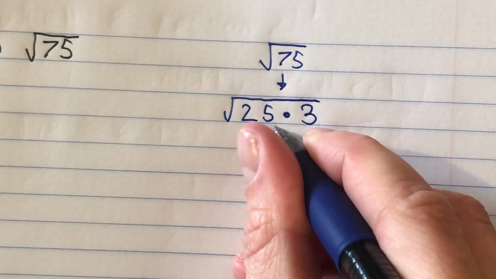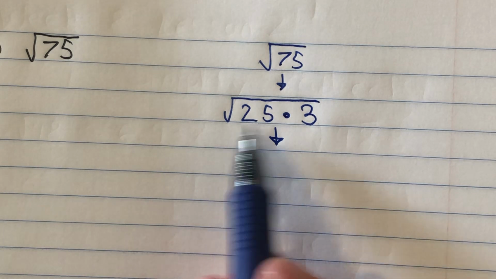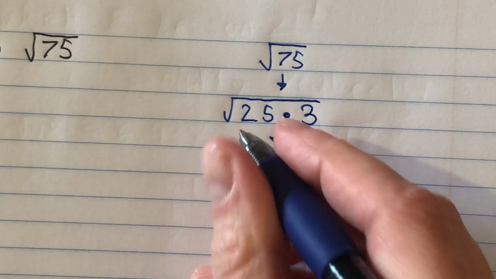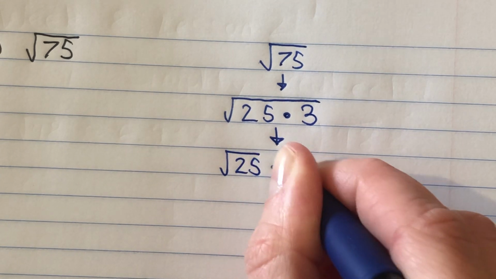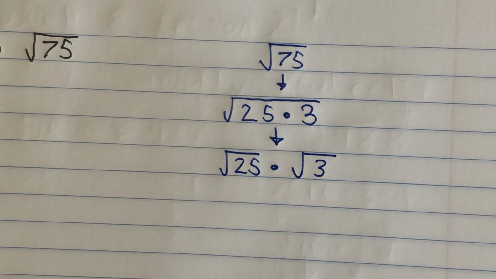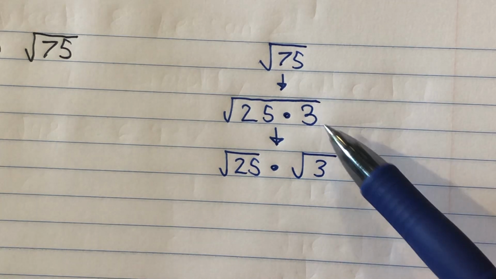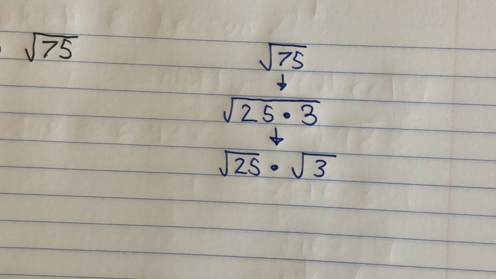So then I can just rewrite this again by separating out these terms underneath their own radical. So I've got the square root of 25 times the square root of 3. Once again, all of these are equivalent expressions. It's just 3 different ways to write the exact same information.